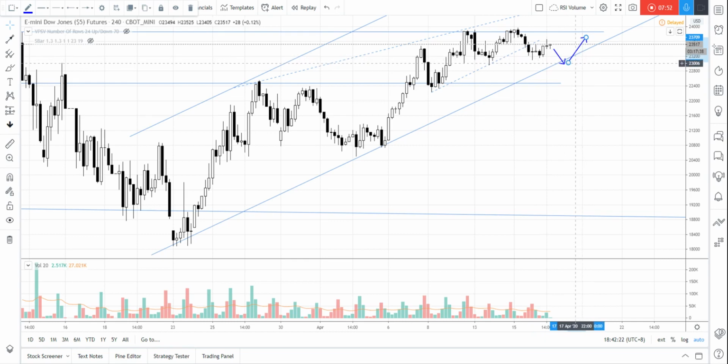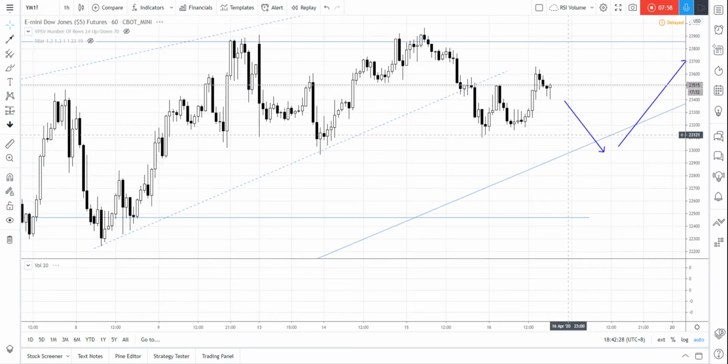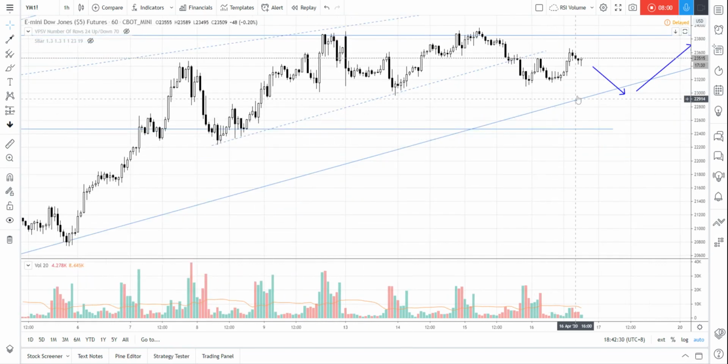Or if I look at the H1 time frame, I think we have another level here as well. If it doesn't manage to go down to 23,000, then the obvious level here is 23,200. So some kind of test or spring, and then I will trade accordingly from there.